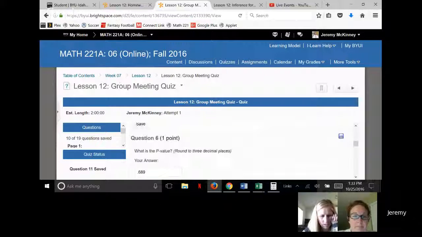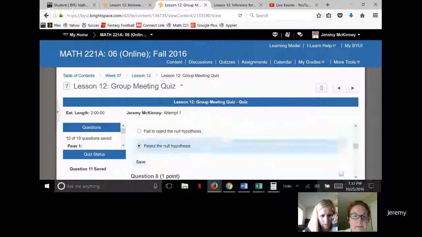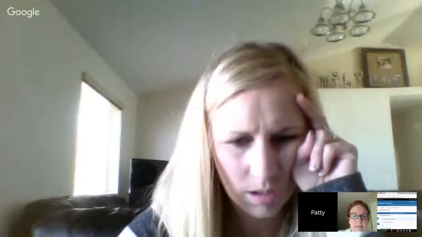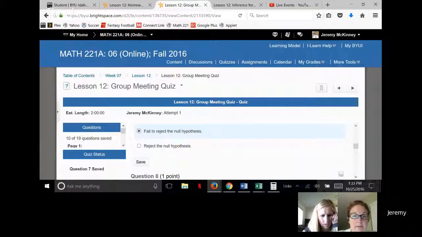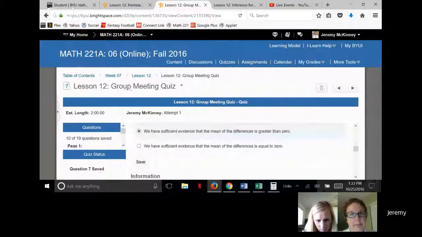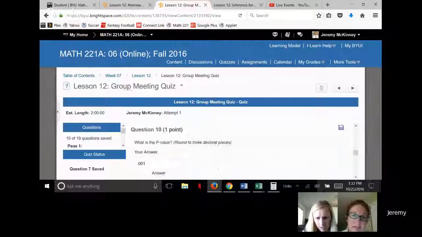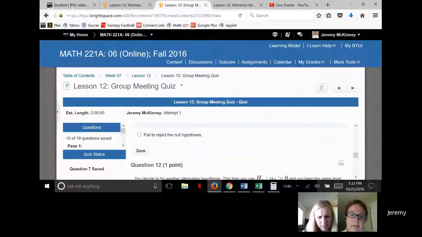For some reason, I thought when the p-value was higher, you rejected it. No, when the p-value is low, you reject the null. Okay. Good catch. Yeah, they're both higher.